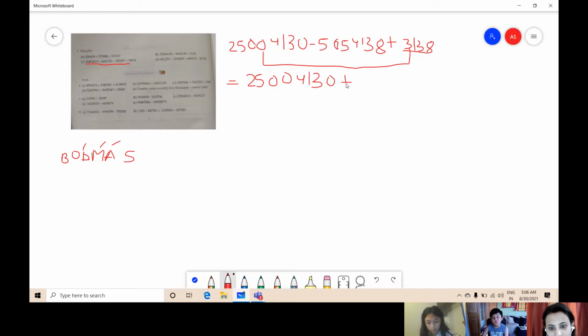So write here plus 3138. Now we will write this number here because it has the subtraction sign and we have to solve this in the last. So it will be 5654138.